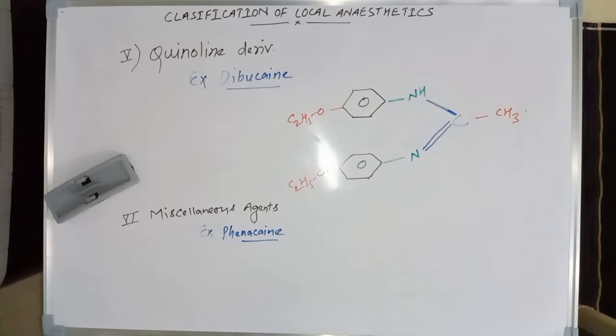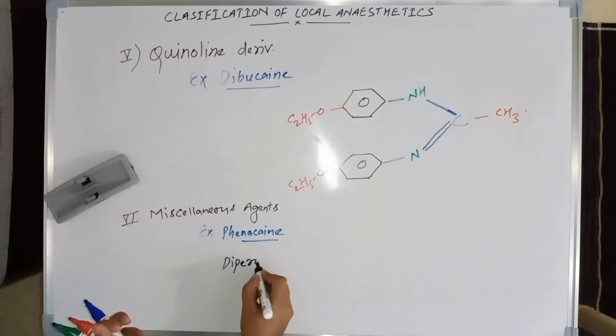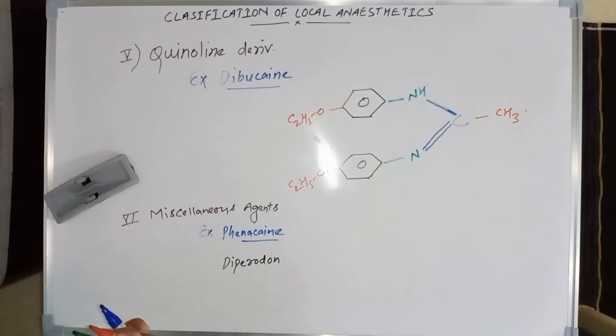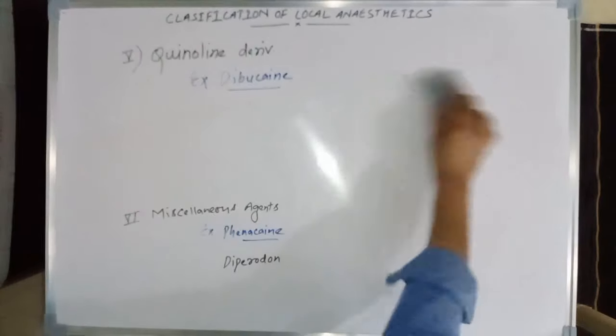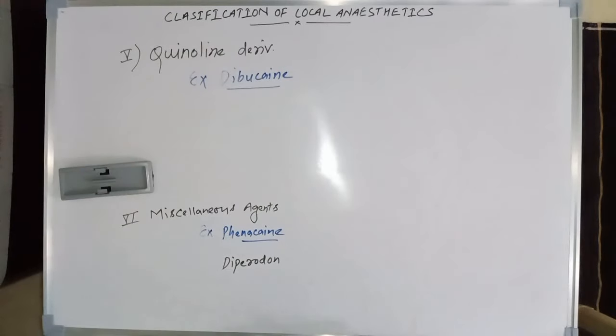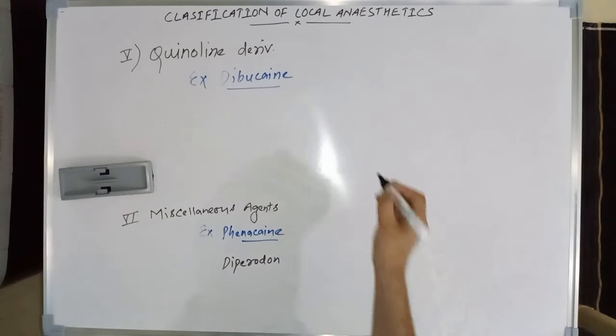Now there is another example, another drug, diperodon. What is the structure of diperodon? Diperodon has the following structure.